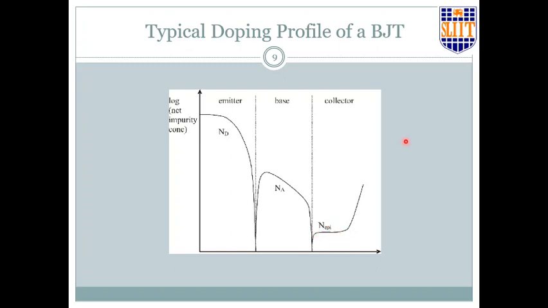So we will leave aside this behavior, knowing that we create that only to avoid the metal-semiconductor junction from forming, so that we have an ohmic junction only. Otherwise we will consider that the doping concentration of the collector is the lightest.